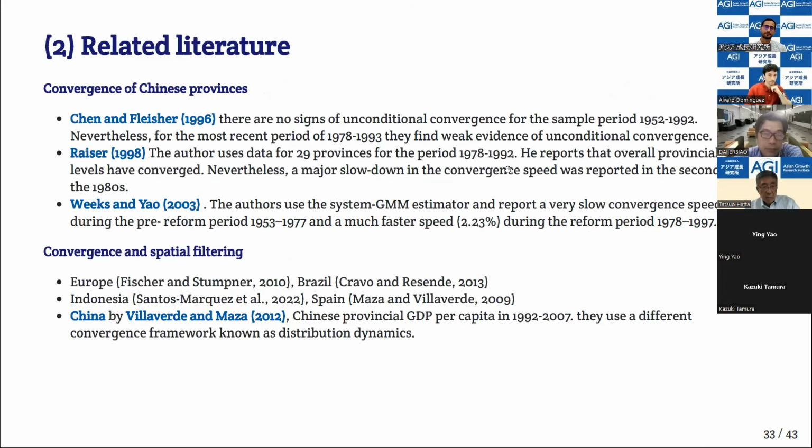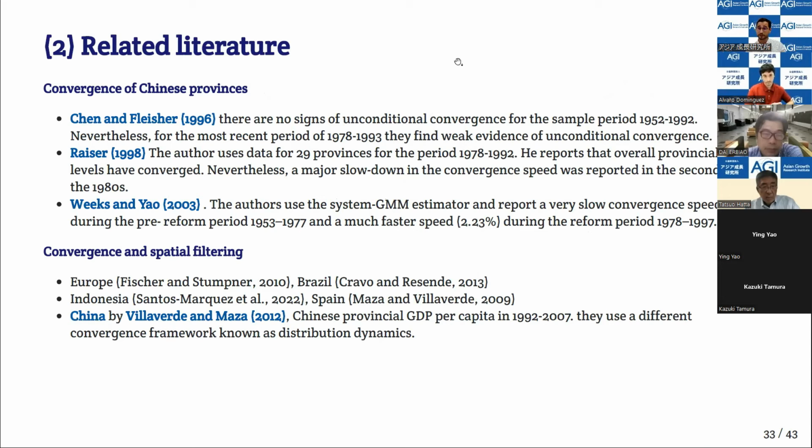Now, literature. In terms of convergence of Chinese provinces, there are many, many papers, as is the case for any other country, but many of them do not show the effect of neighbors or the role that spatial econometrics can have in explaining convergence patterns. I'm just mentioning here 3 papers, but there are many more.